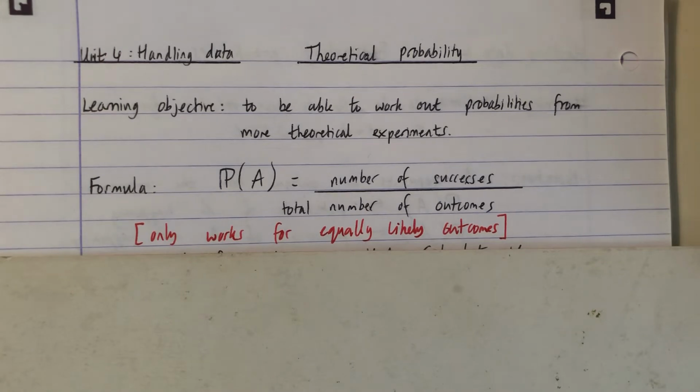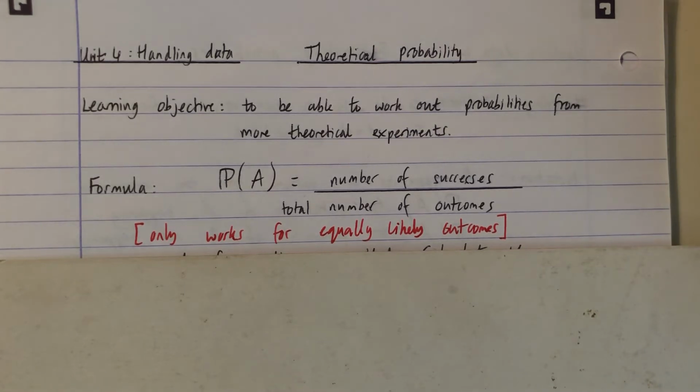But if it was choosing a random card from a pack of playing cards, then each playing card we can safely assume has exactly the same chance of being picked. So then that would work for a playing cards question. Obviously if you were going to do the lottery question, then you would have to consider all of the outcomes, and there are 50 million outcomes for 6 different numbers coming up on the lottery. So if I just chose one of those outcomes, it would be 1 in 50 million rather than 1/2.